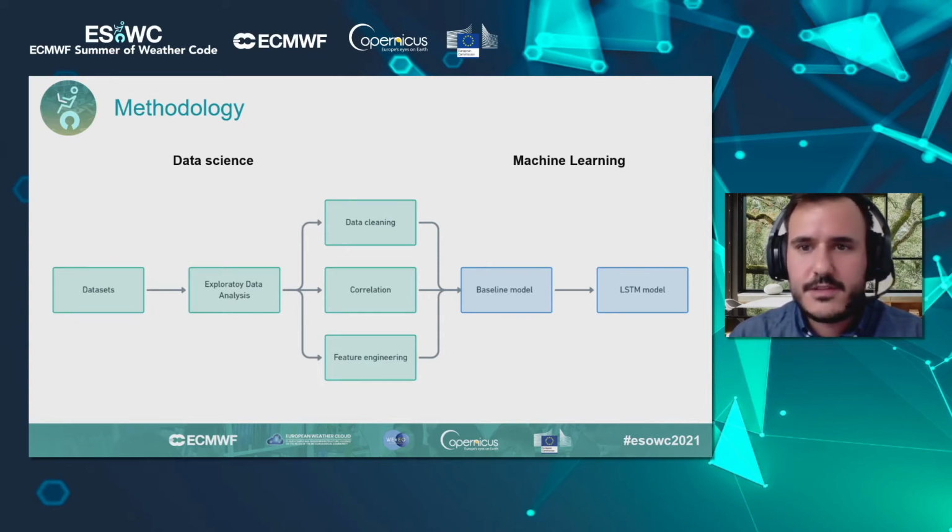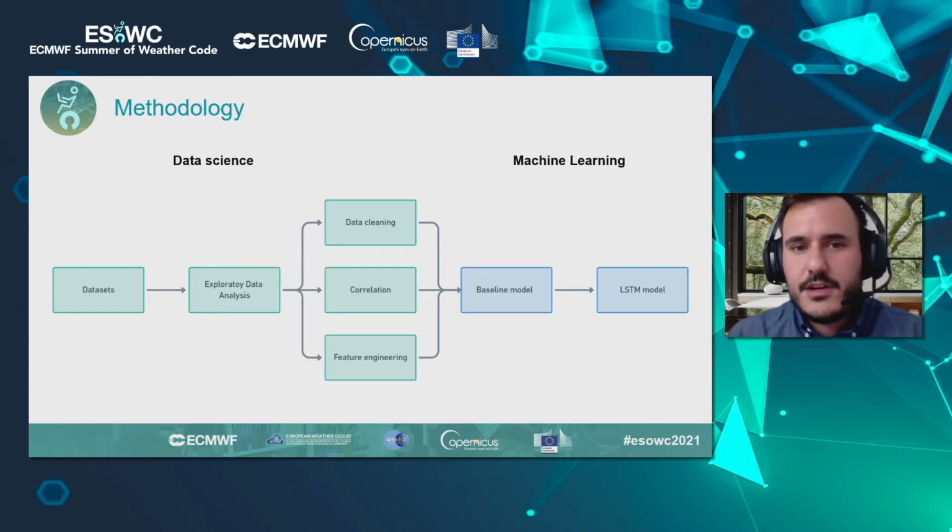So the first step, which took one big part of this project, was to build and select different features and build a unique dataset. Then we did the exploratory data analysis, as we said before, and with data cleaning, correlation, and feature engineering, we selected the final dataset that we used for training the models.